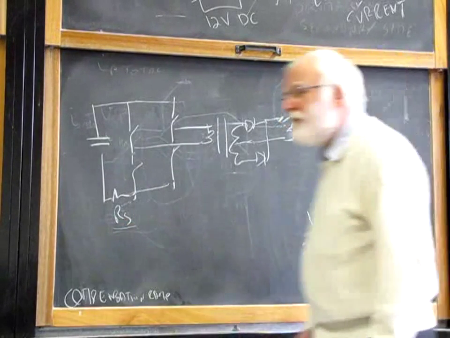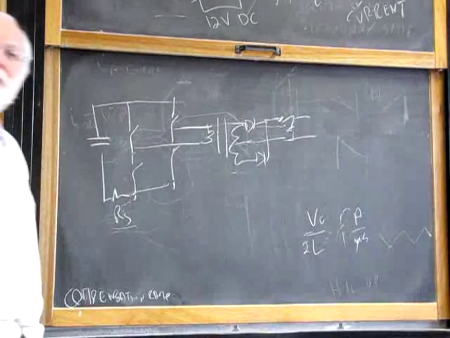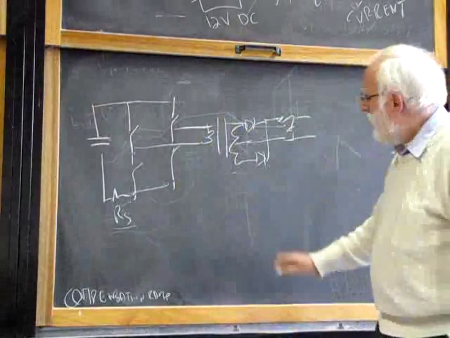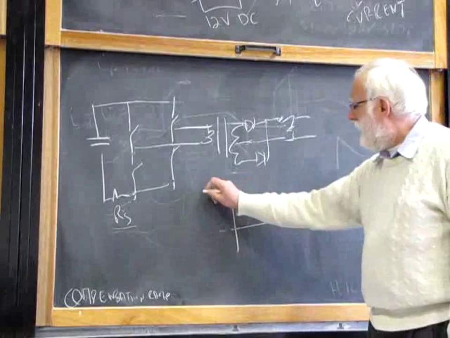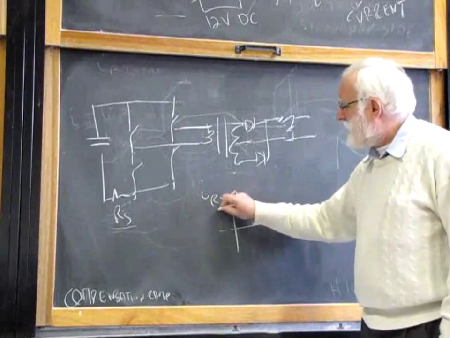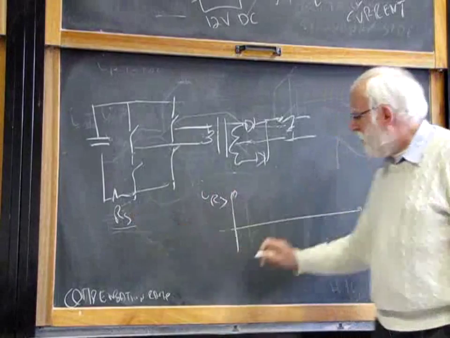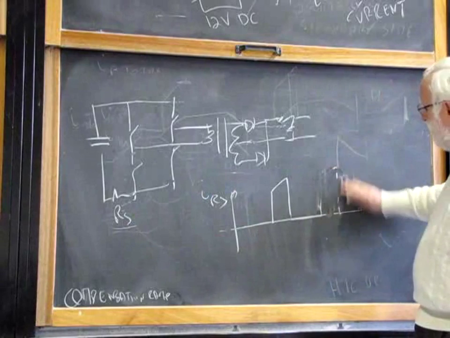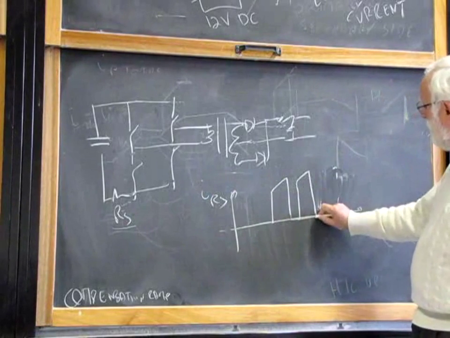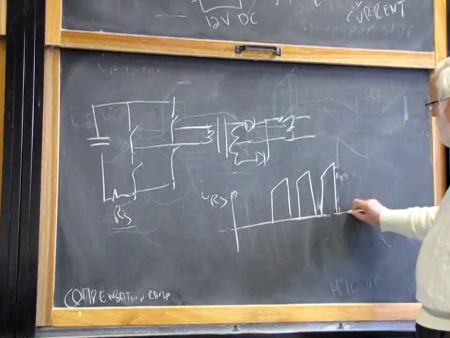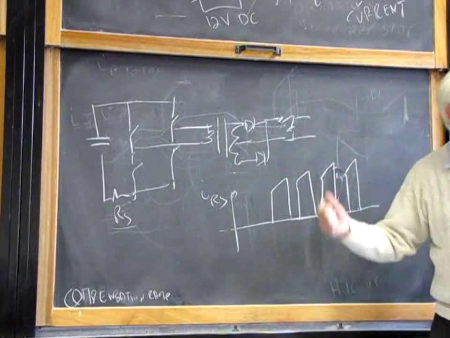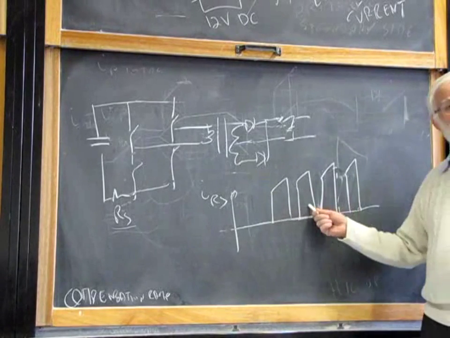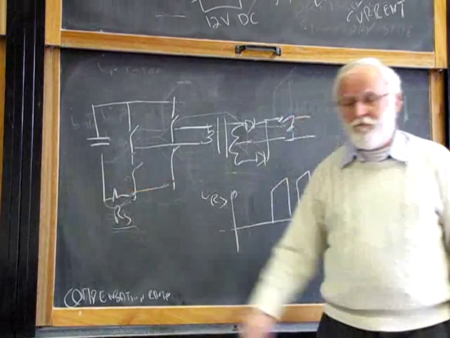Okay, there is one advantage using a transformer, a small advantage, but why not? Your RS current that flows over here, we already saw, is something like this. It's a standard input waveform for a converter, very high duty cycle because we are measuring it.